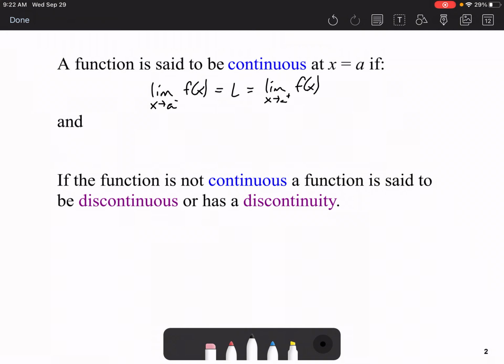That is the first part of the definition, and it's also the same definition for whether a function has a limit. The second part states the value f at a actually has to equal that value L. In other words, not only do the limits have to exist as they approach from the left and the right, but the point must exist at the exact same spot. If the function is not continuous, it is said to be discontinuous or have a discontinuity.